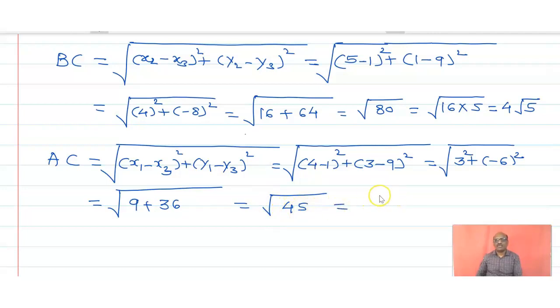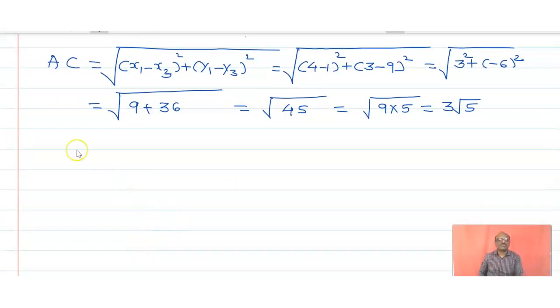And again this can be split up as 9 into 5, that is 3 root of 5. Therefore the distance AC is equal to 3 root of 5, and this is the third one.